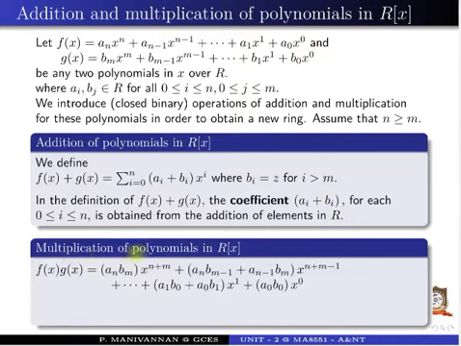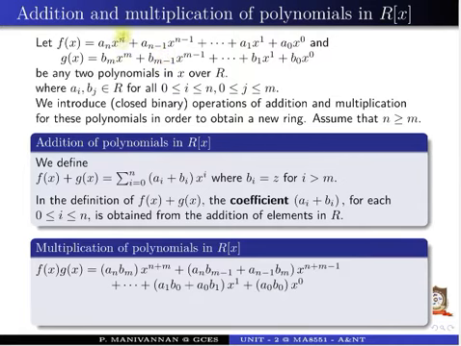Then, multiplication of polynomials in R[x]. f(x) into g(x) equal to an bm. How do we multiply these maximum powers? So an into bm, the x power is x^(n+m). Then the next term is an bm-1, these two multiplied.